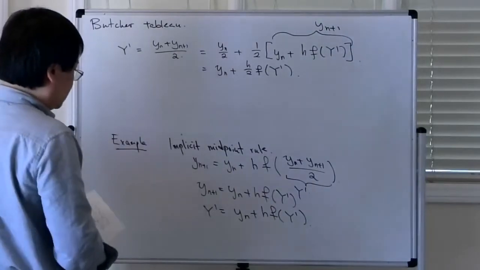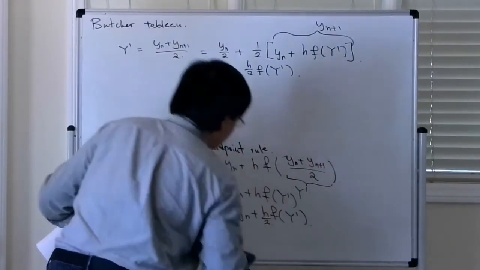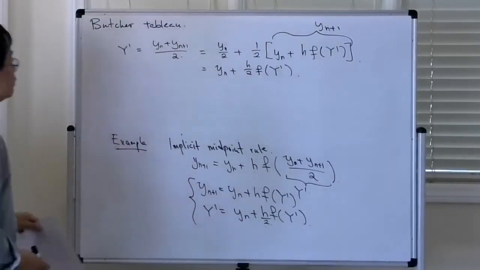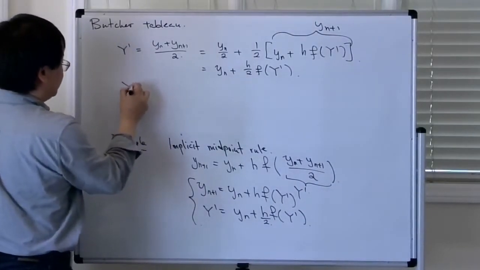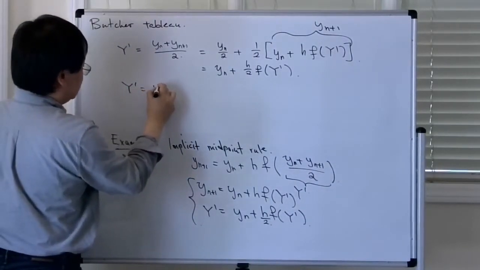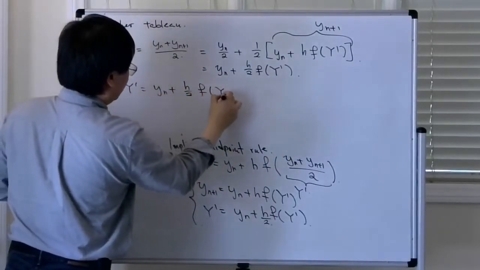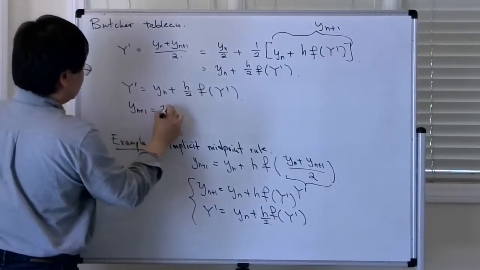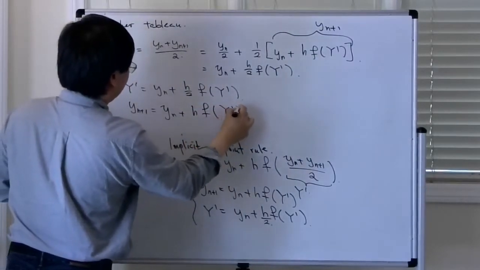I think I messed up; yes, there's a 1/2 here. Now you're in the form which you want, with an internal stage equation: Y1 = y_n + h/2 f at Y1, and y_{n+1} = y_n + h f evaluated at Y1.